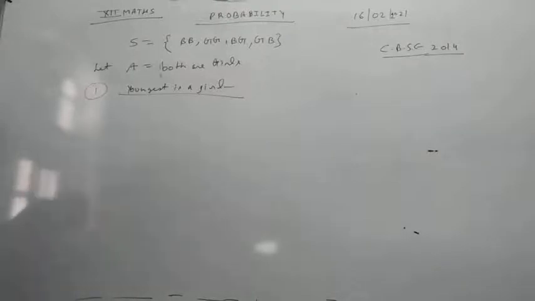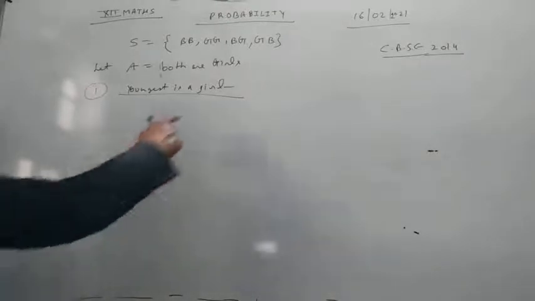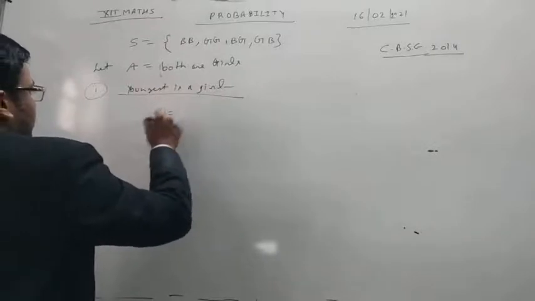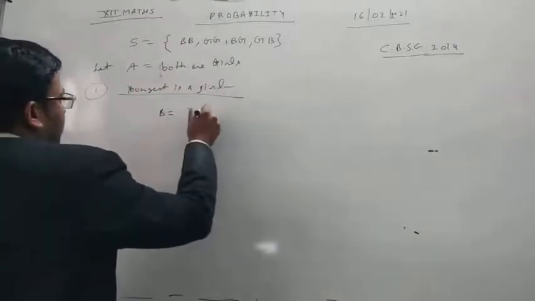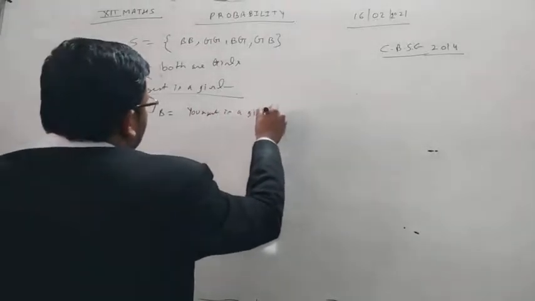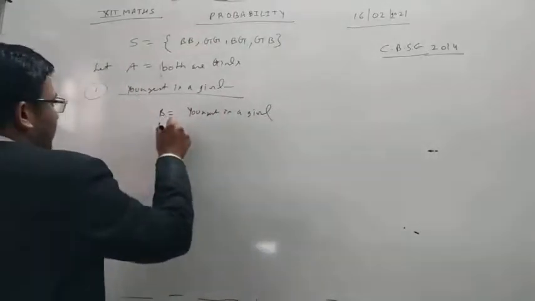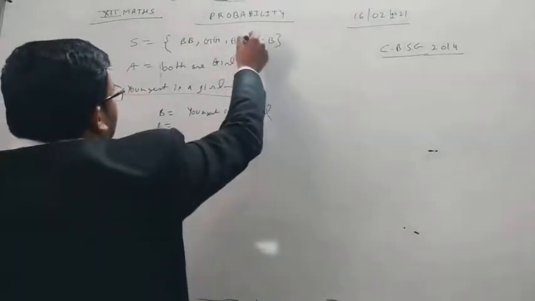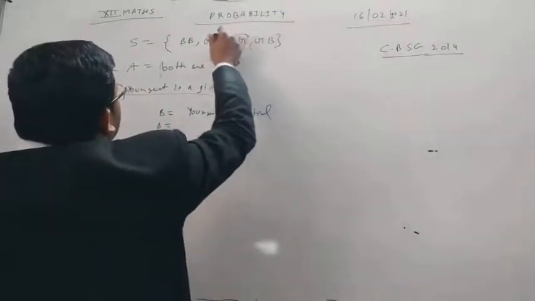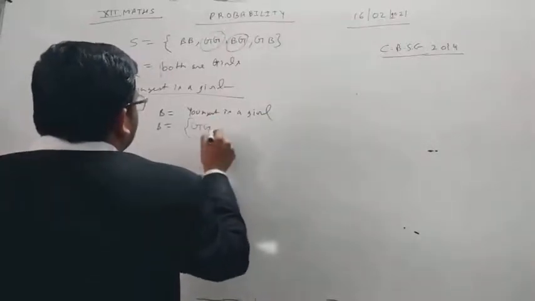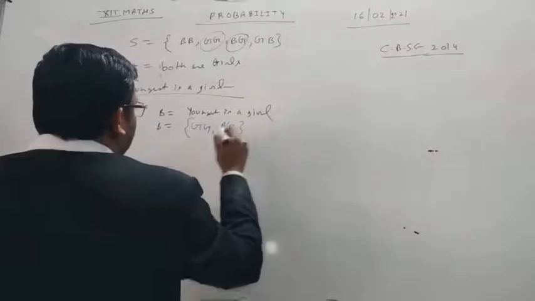So this we have to find out, and this is given here. So our B is the youngest is a girl. So we write B as GG and BG.